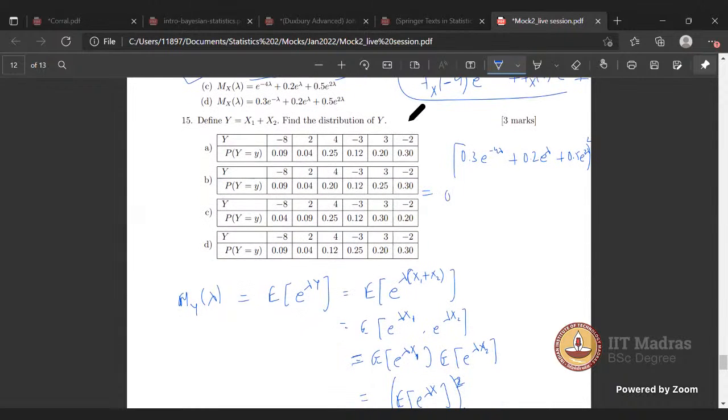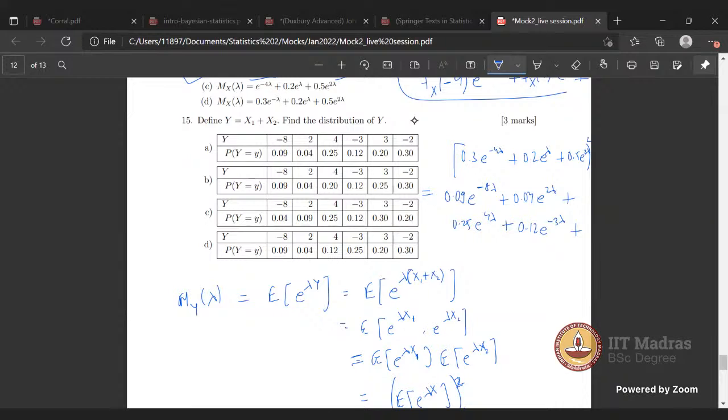So a square is 0.09 e to the power minus 8 lambda, plus 0.04 e to the power 2 lambda, plus 0.25 e to the power 4 lambda, plus 2ab. So 0.3 into 0.2, that is 0.06, into 2, so that is 0.12 e to the power minus 3 lambda.